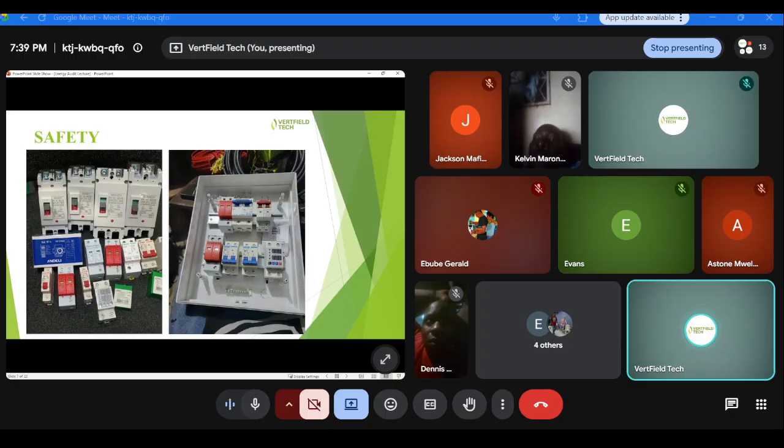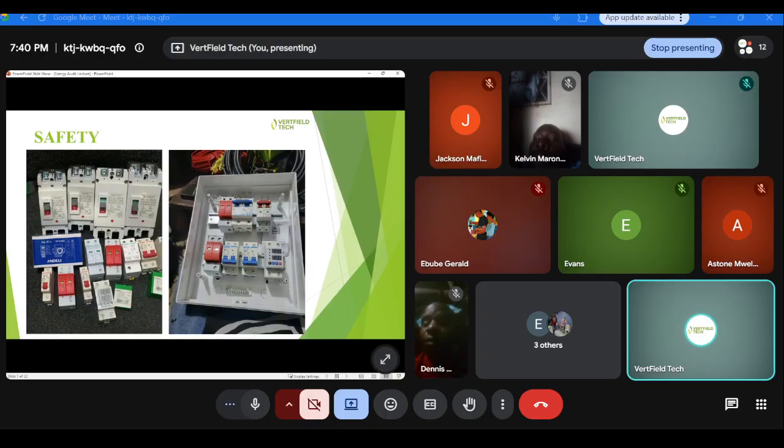Moreover, when we talk about these solar component safety tools and gadgets, we usually make it clear, or let's say remind everyone who comes into this platform, that the solar system also has two parts. I hope you're aware of that. You have the AC part, you have the DC part. And you should also be aware that your safety tools and gadgets are of two types.